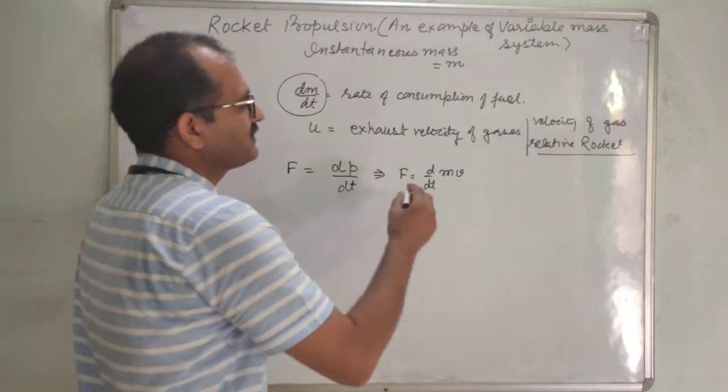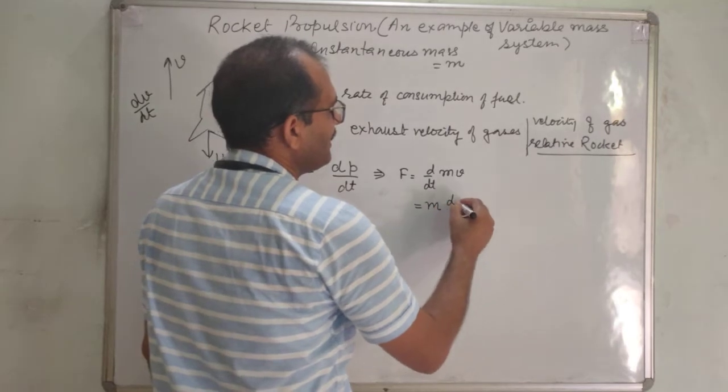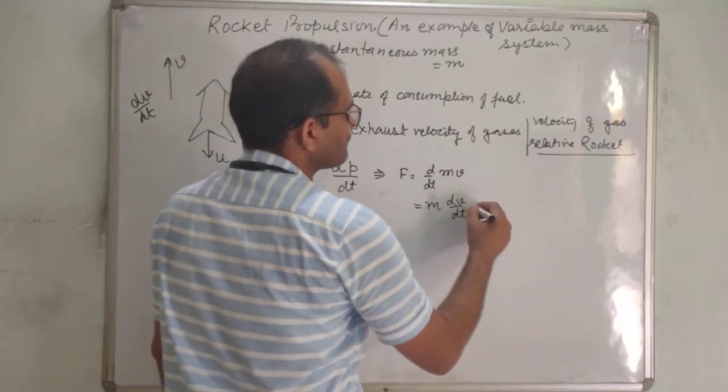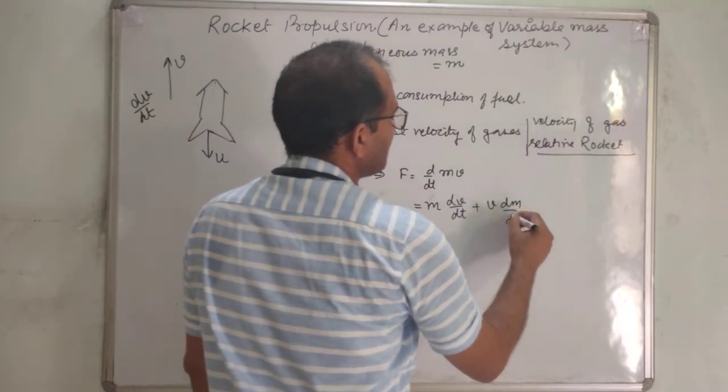F is equal to d upon dt of mv, which is m dv upon dt plus v dm upon dt.